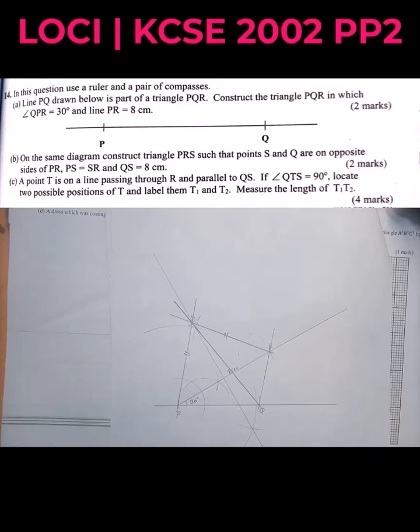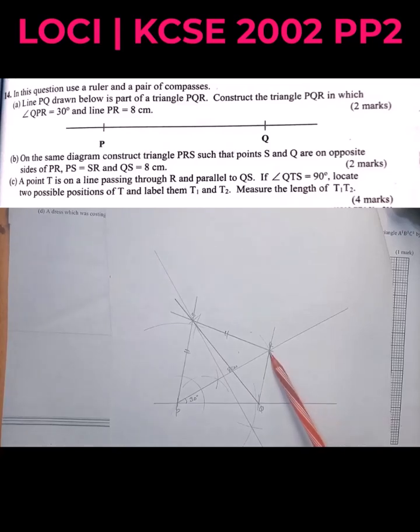So how do we construct a parallel line from a given point? We construct a line through this point that is parallel to QS. You know that the distance between any two parallel lines should be constant. So the first thing you can do is get the perpendicular distance between this point R and this point on this line.